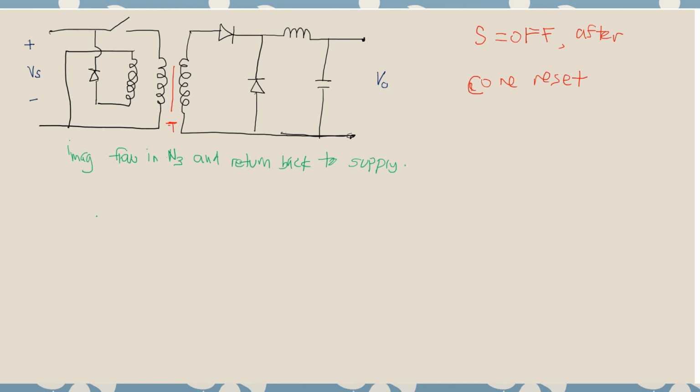If you see here, IMAG is also known as ID3. So during the core reset, the diode D3 is off.